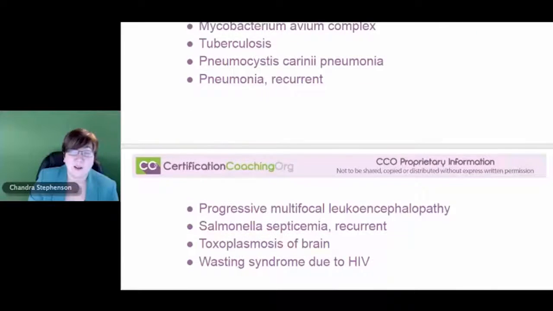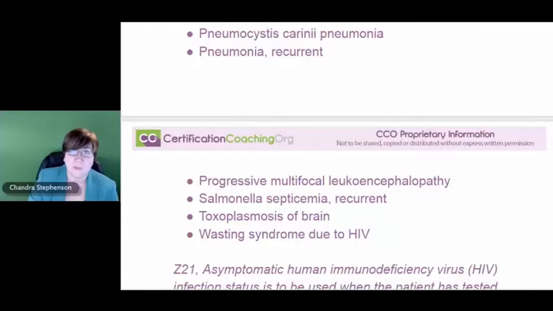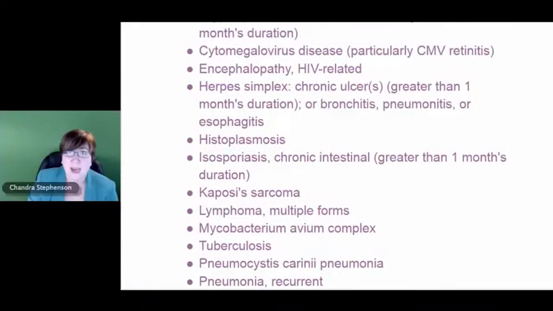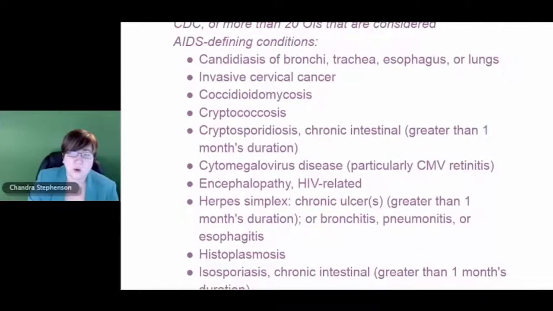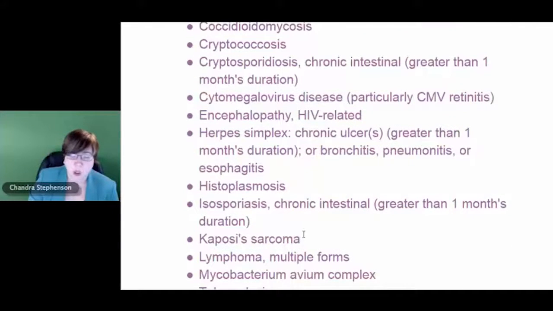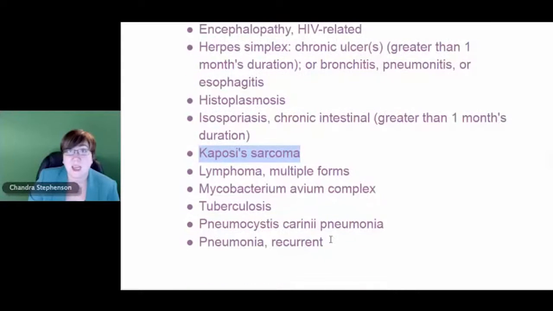Now, there are a lot of conditions on here that are really common, but they're pretty much common to HIV patients. For example, Kaposi sarcoma or cryptococcus, histoplasmosis, those are things that we see, and when we see them, more often than not, they're in an HIV patient.